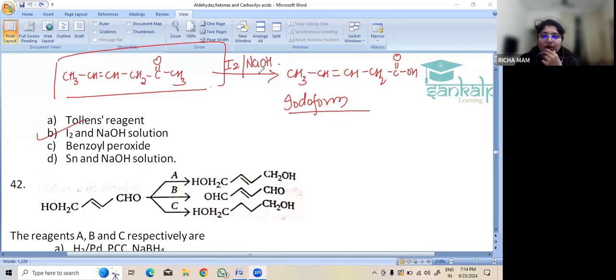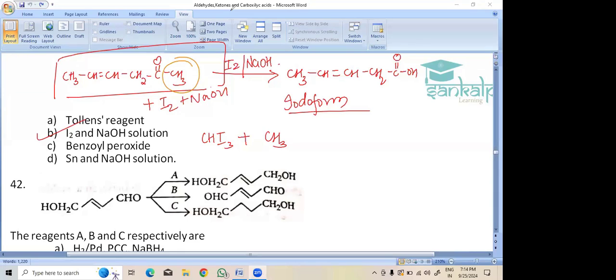Okay, so what are the steps? If I react it with I2 in the presence of NaOH, what will happen? In the first step you are going to get iodoform, CHI3, plus CH3 CH double bond CH CH2 C double bond O Na plus.